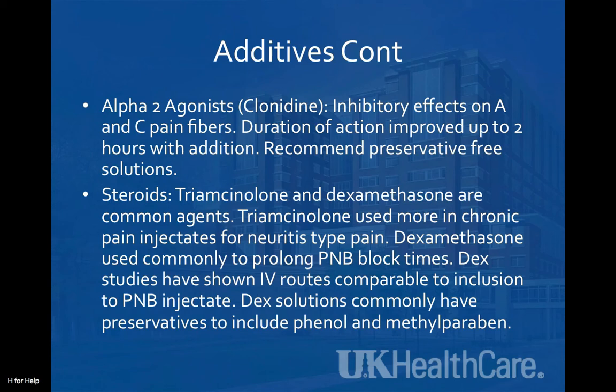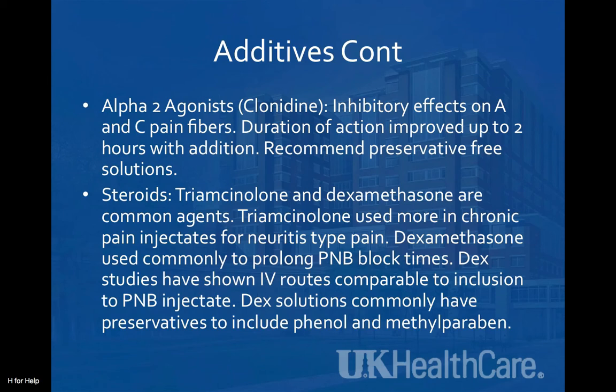So steroids as well. Common for peripheral nerve injections, triamcinolone and dexamethasone (Decadron) are common agents that are added. We see triamcinolone more in the chronic pain clinic, used for neuritic type pain, and Decadron has been primarily used for peripheral nerve blocks, for prolonging the block.